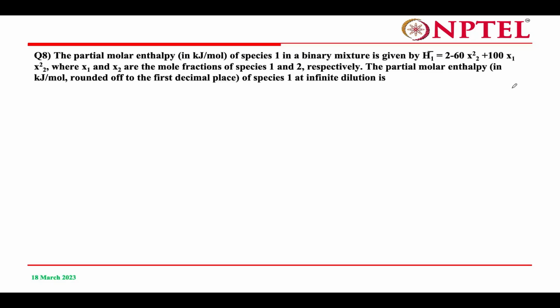The partial molar enthalpy in kilojoule per mole, rounded to the first decimal place, of species 1 at infinite dilution. So we have to calculate the partial molar enthalpy of species 1 at infinite dilution.